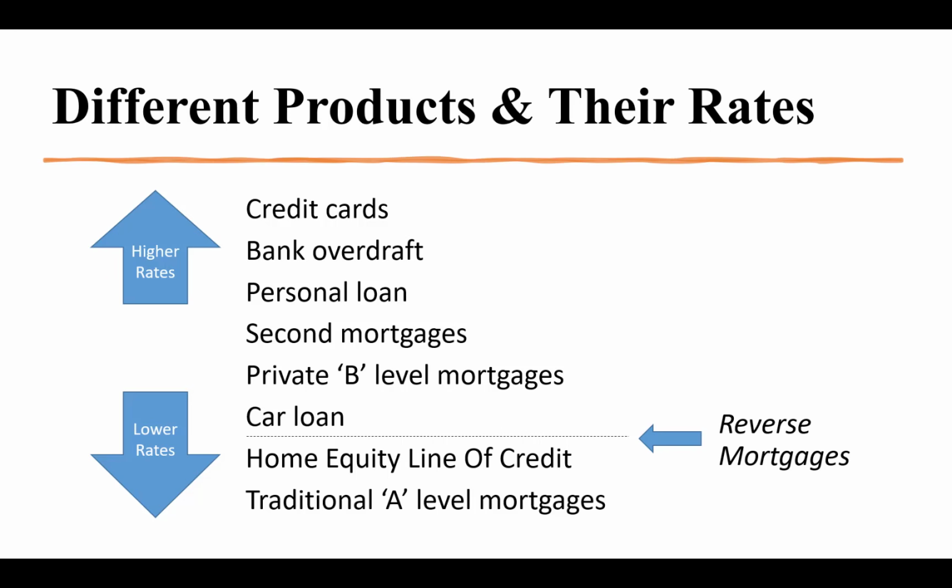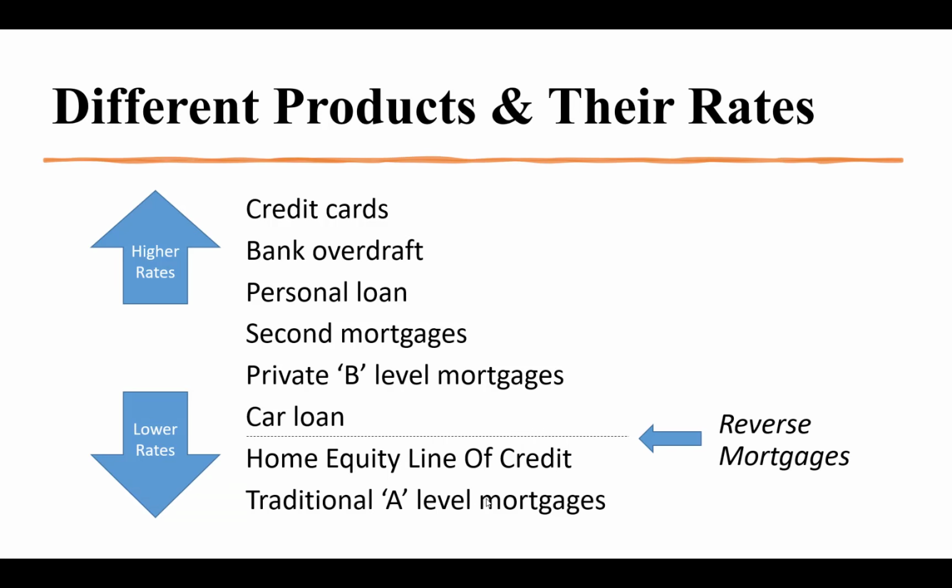So at the top, you've got higher rate items like credit cards, bank overdrafts, personal loans, second mortgages, B-level mortgages if you don't have good income and credit score, then car loans, and then home equity line of credit and traditional A-level mortgages. Those are the lowest ways you can borrow any money almost at all.